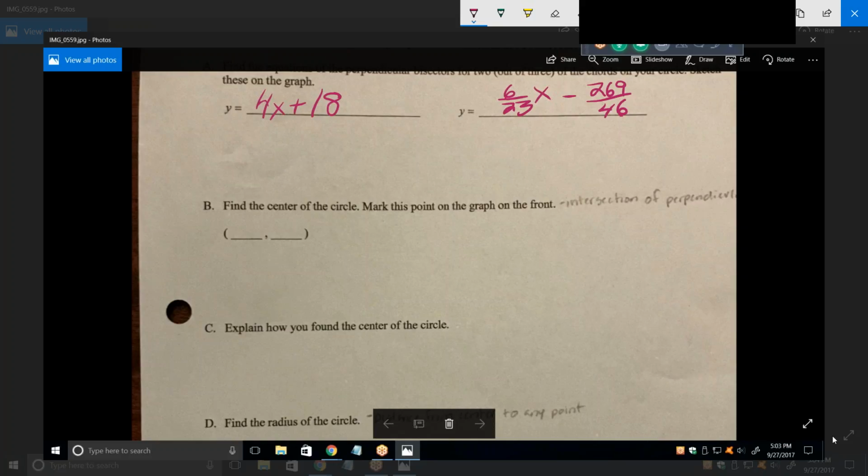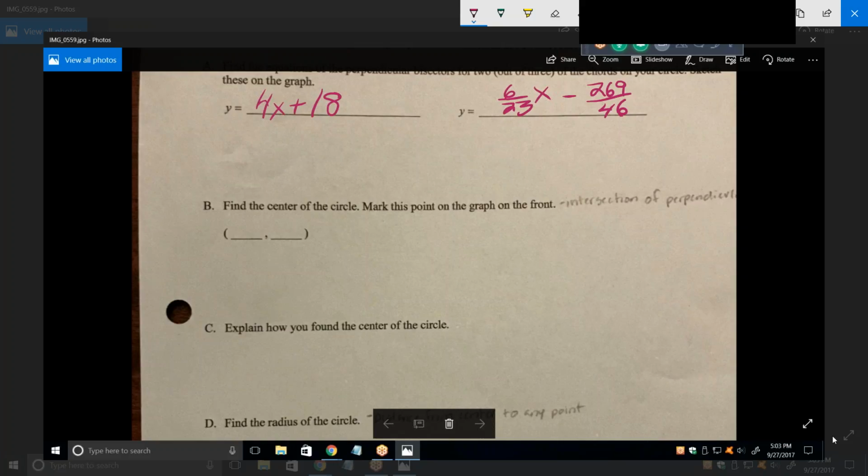So first of all, how do we solve for x? Knowing that they intersect at the center, how do we make these 2 things intersect algebraically? I know how we do it graphically. I just drew it. But how do you do it algebraically?